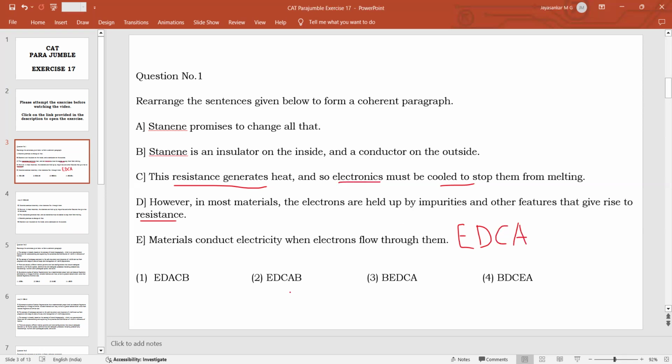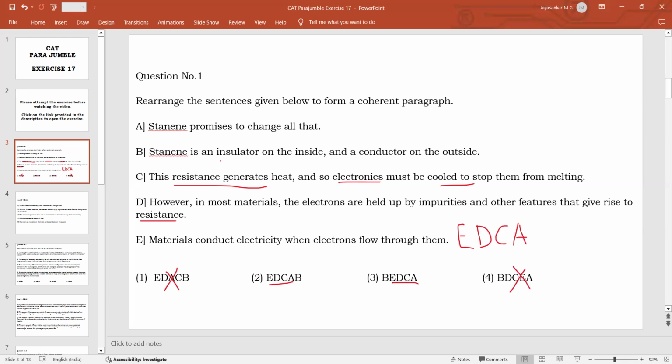If you look at the options, there are two options where we have EDCA. All other options you can ignore. In one, B is coming as the last sentence; in the other, B is coming as the first sentence, and then EDCA. So you might have some confusion. You can very easily rule out this one, and rule out this one also, because these are not having the sequence.